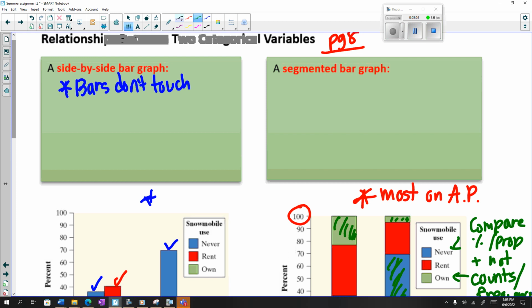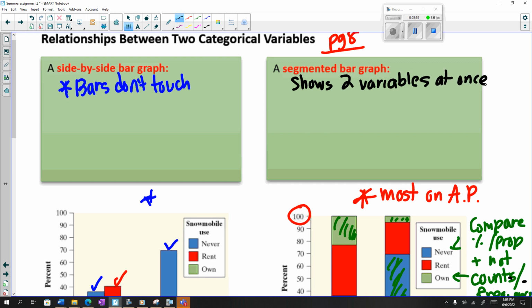So the one thing you need to really know about the segmented bar graph is it shows the two variables at once. And it shows segments almost like, you know, in the earth, there's like sedimentary rocks with the different segments kind of breaking down within it. That's kind of what it shows. The bars go up to 100%.